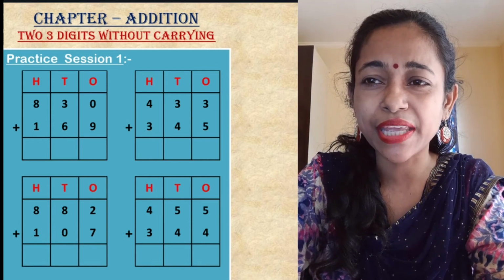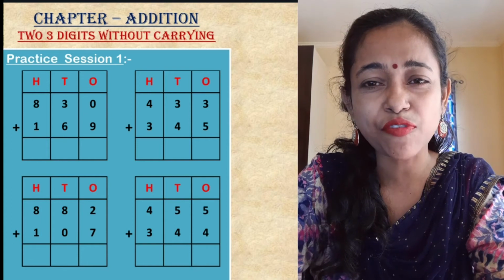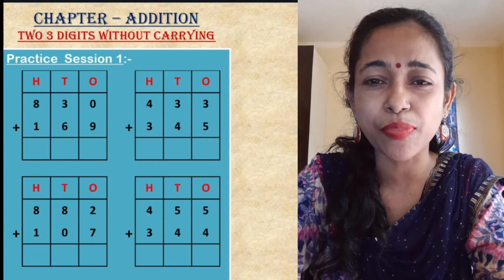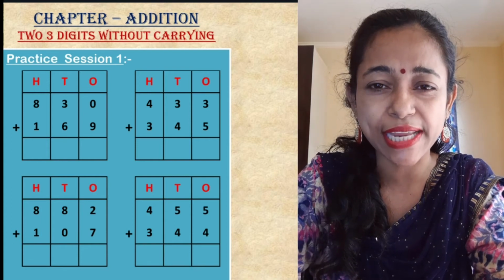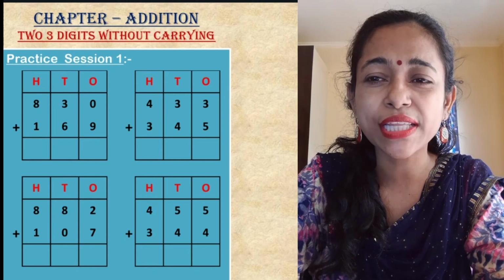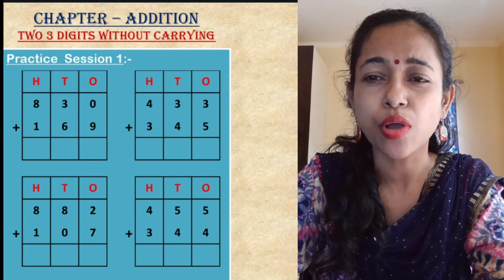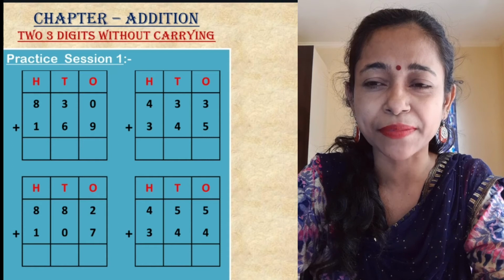The next sum is 433 plus 345. The same way you will proceed starting from the ones place, then to the tens place and then into the hundreds place.